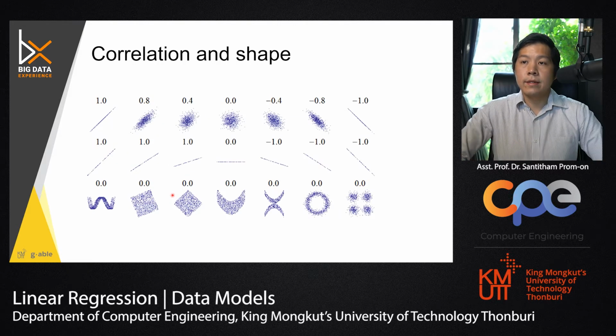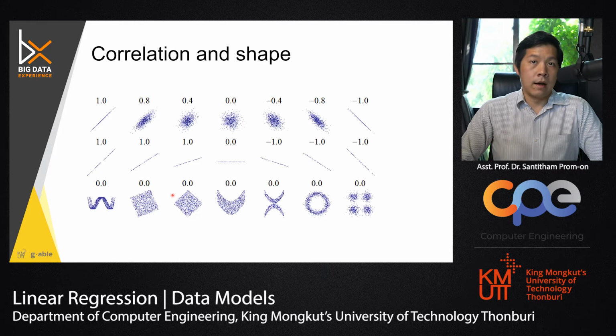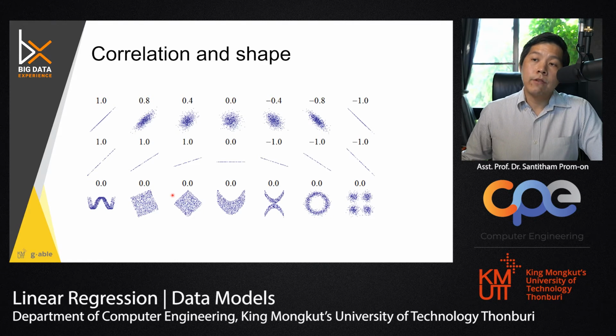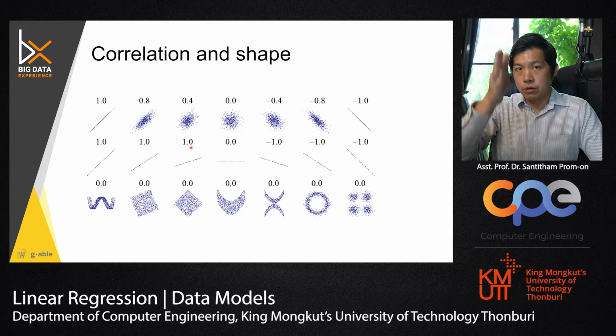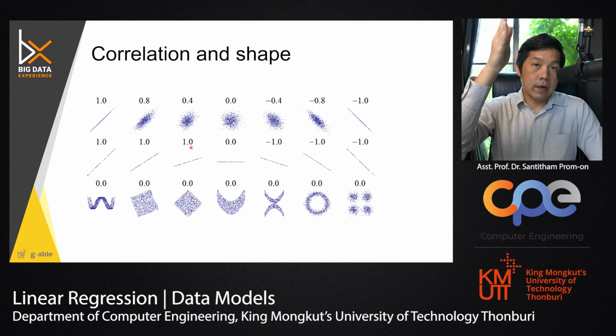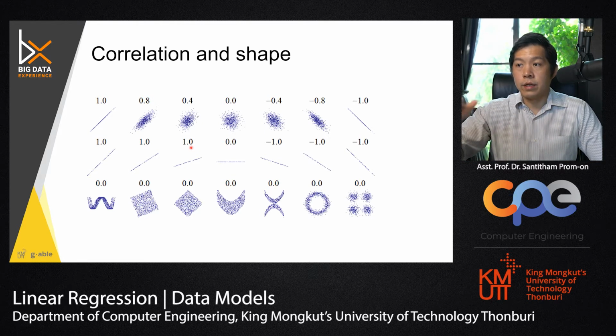So let's look at the correlation values and the shapes of scatter plots. If you have a scatter plot in the shape of a line, you are guaranteed to have high correlation, either on the positive side or on the negative side. But there is a case of perfectly horizontal and perfectly vertical lines.